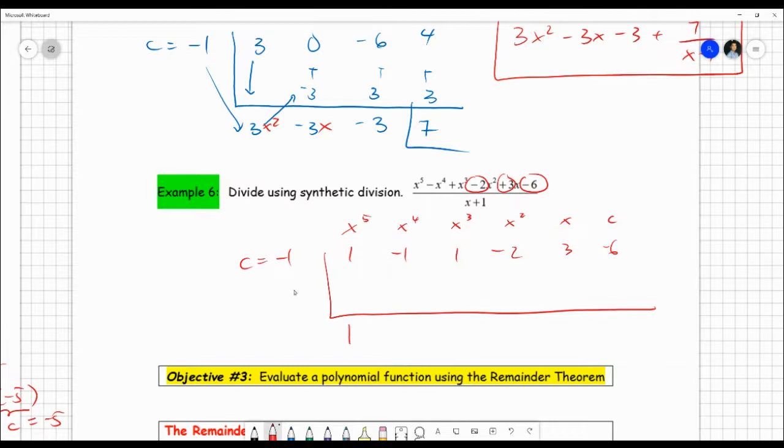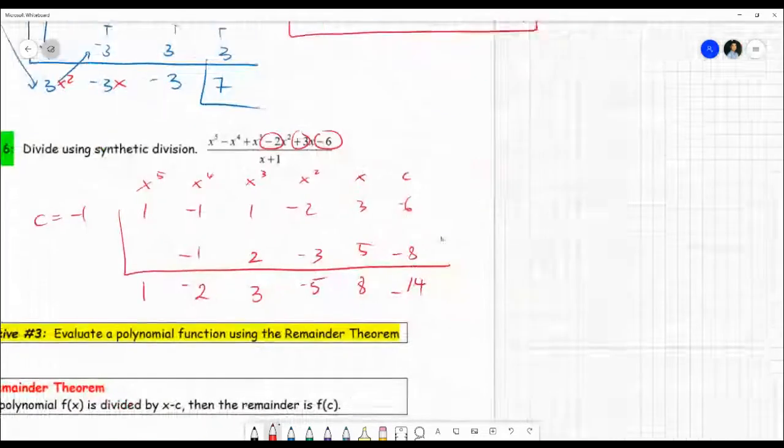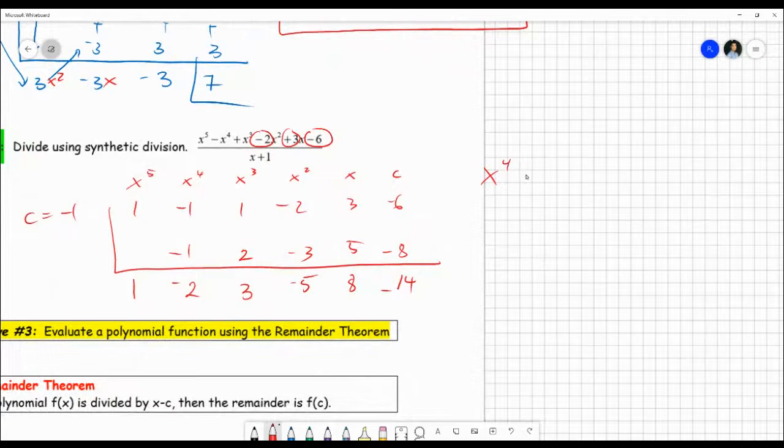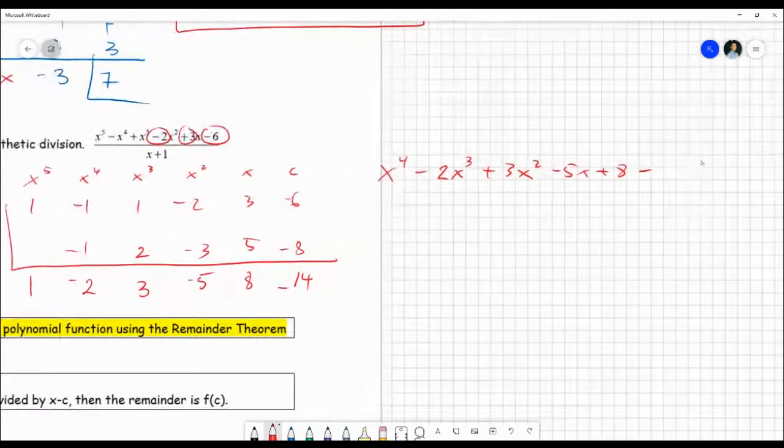Same thing. All right, here we go. So our answer here is x to the fourth minus 2x cubed plus 3x squared minus 5x plus 8 minus 14 divided by x plus 1.